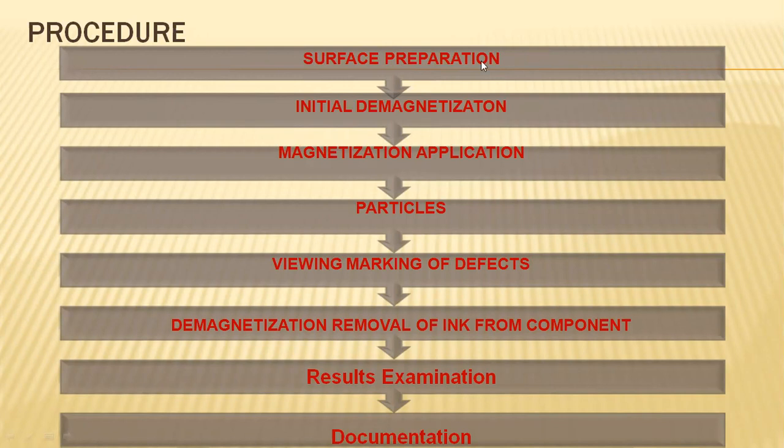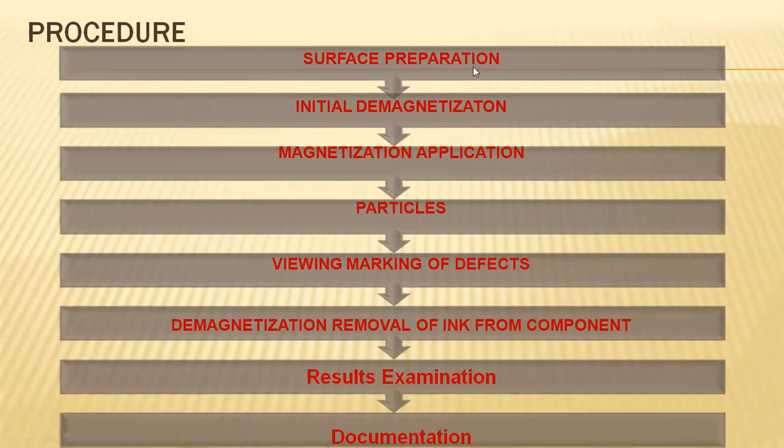First one is surface preparation. Here the surface preparation gives a clear-cut vision related to the type of materials we are utilizing. If ferrous materials are utilized for the testing process, they directly have magnetic properties and can be processed with minimal precautionary steps.